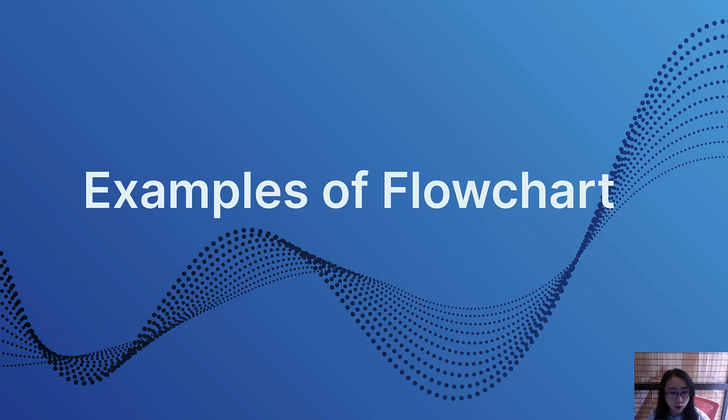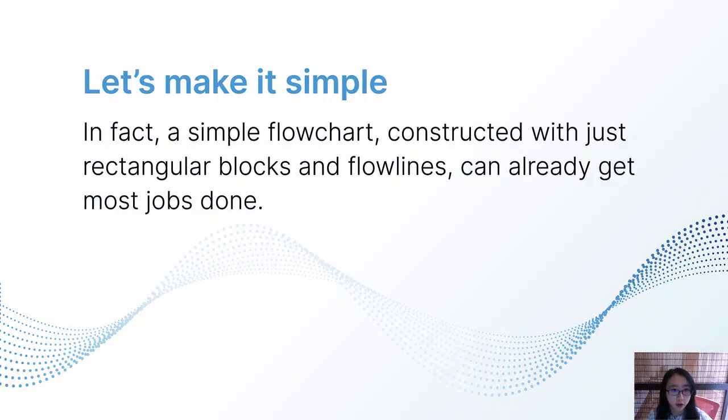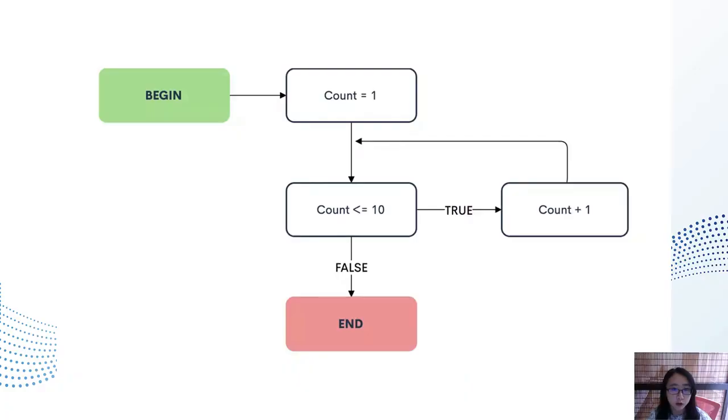As I said, we want to make it easy for the flowcharting, so we just use simple rectangular or square blocks and flow lines to make the flowchart. For example, in the counting procedure, if we count 1, 2, 3, 4 until 10, and we want to represent this process using a flowchart, it should look like this, right?